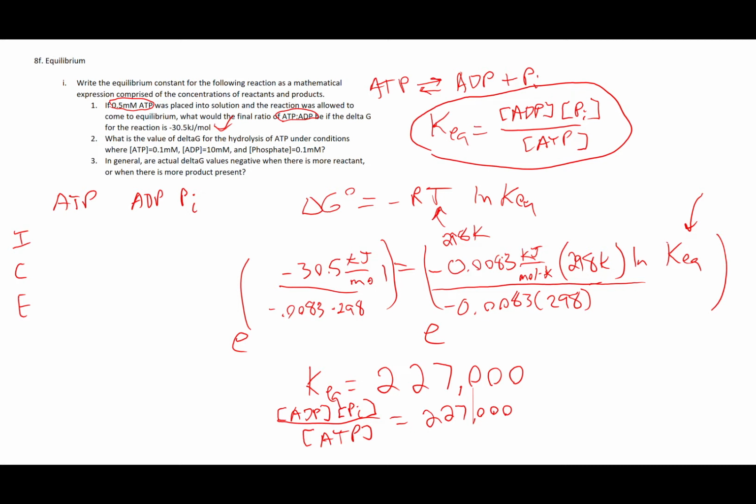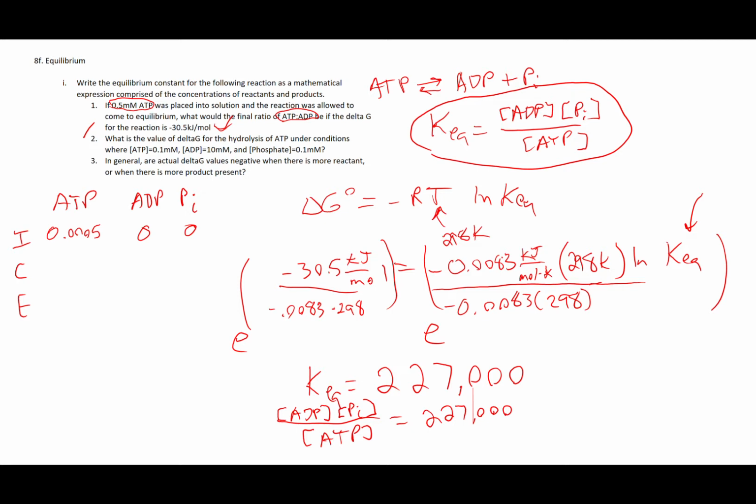Now, when we're working with equilibrium constants, I can't stress this enough, because this will come up again in number 2 here, which I'll make as a separate video, the concentrations have to be in units of molar. So the 0.5 millimolar ATP is actually 0.0005 molar. And then also implied in here is that we're not starting off with any ADP or phosphate, because I didn't mention that we had any.